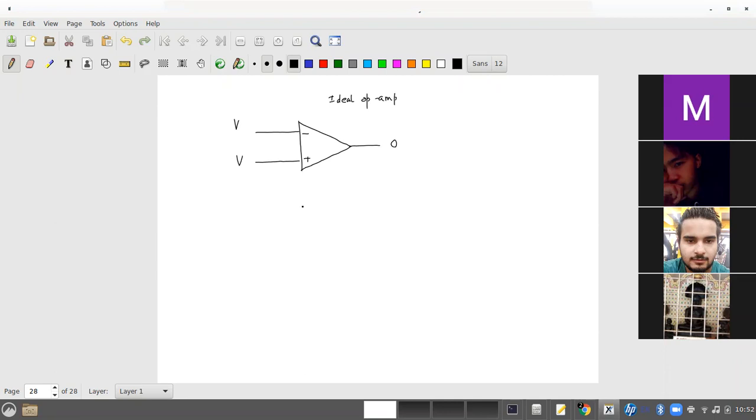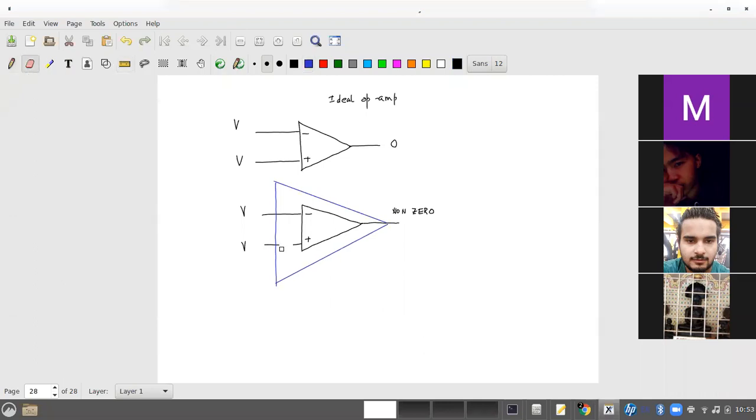But what will happen is that the op-amp has a small offset, which means that when I give V here and V here, my output is non-zero. This is modeled by having an ideal op-amp inside, with a small offset.